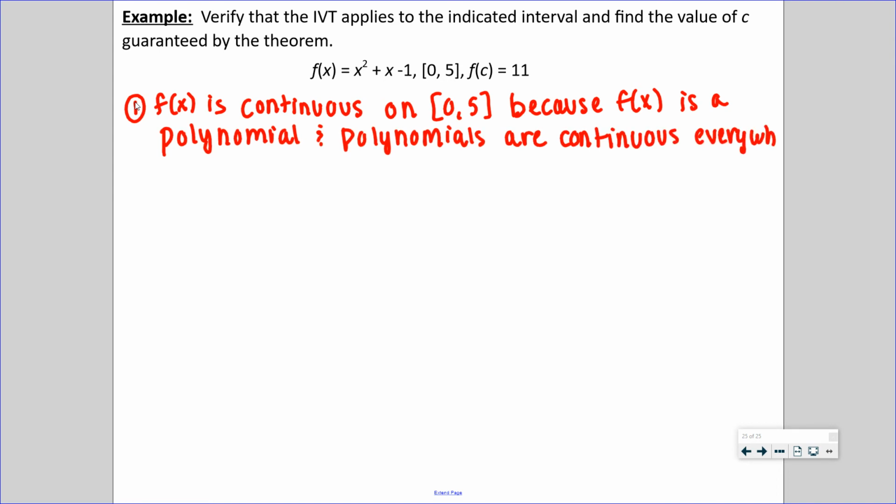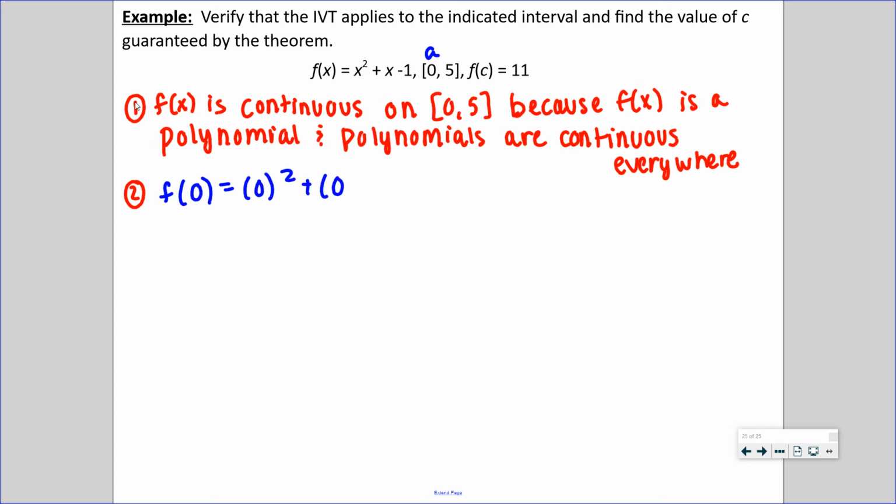Okay. The next thing we have to show is that 11 would lie between the outputs of my endpoints. I always just start right away by finding f of a, which is f of 0 in this case. f of 0 is -1.